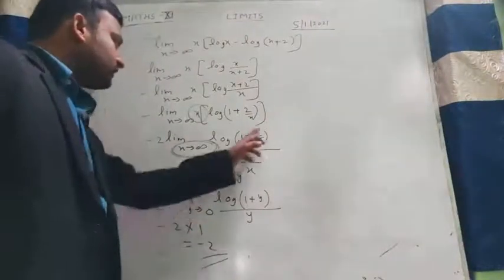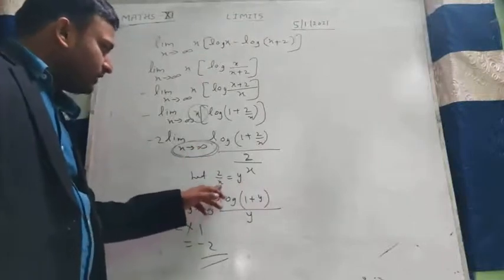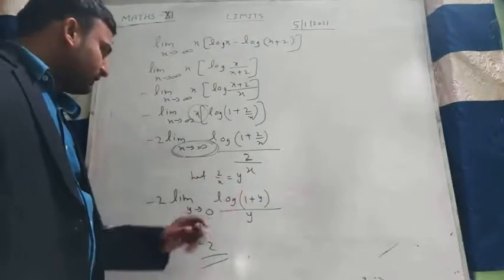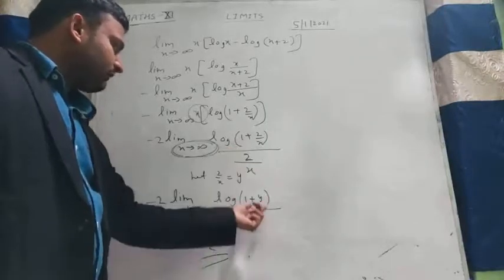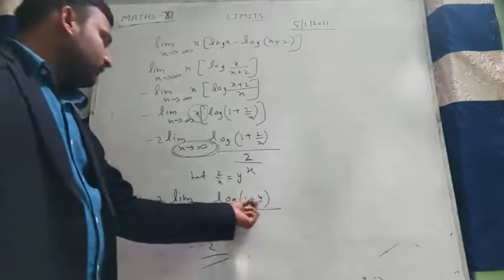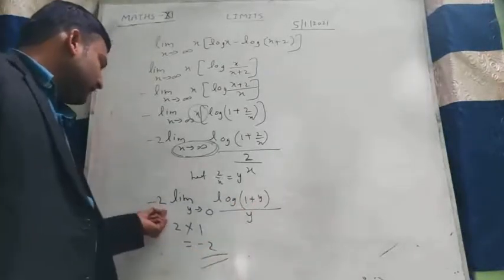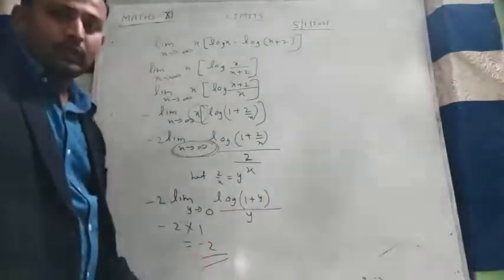We take 2 by x equal to y. When we put x as infinity, we get y equal to 0. So limit y tends to 0, log 1 plus y by y we can write, and here minus 2, limit y tends to 0, and this part is 1. So our limit will be equal to minus 2.